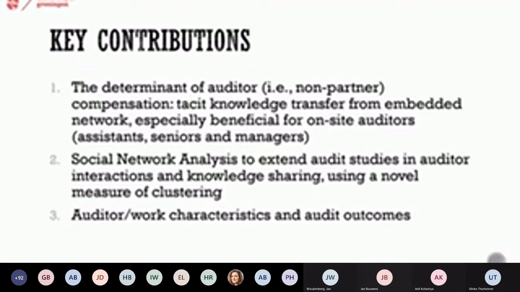So what do we think are our key contributions? Perhaps starting with the last one. So I think this study nicely adds to an emerging stream within the auditing literature, showing that individual auditor characteristics are associated with audit outcomes, and in our case, our outcome is compensation.